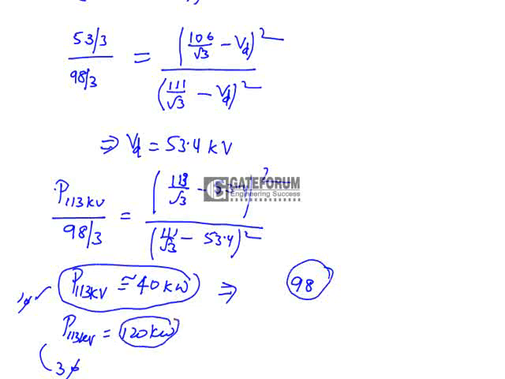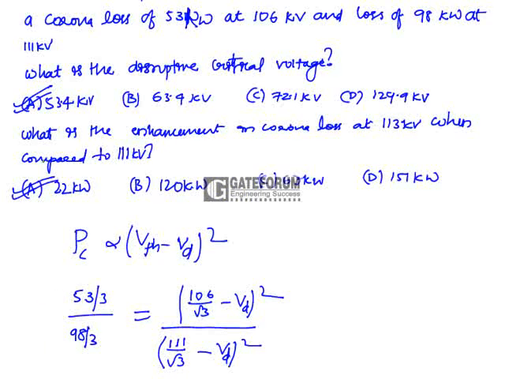Whereas the corona loss at 113 kilovolts, this is only per phase we got, so 3 into 40 is 120 kilowatt. This is for three phase, whereas that was for single phase. The corona loss at 111 kilovolts is 98, whereas at 113 it is 120 kilowatt. So what is the enhancement here? 120 minus 98, which is equal to 22 kilowatt, is the answer. Option A is the correct answer.